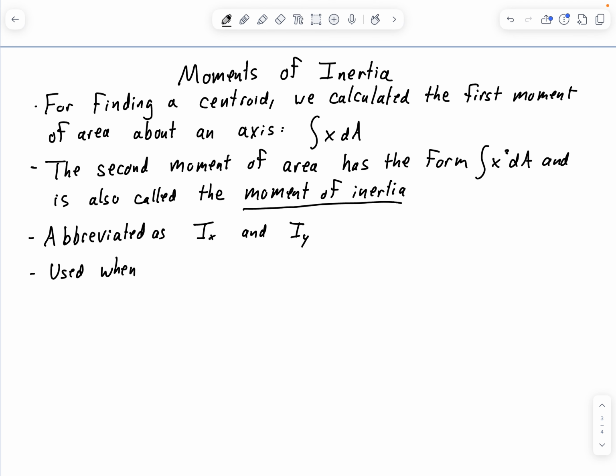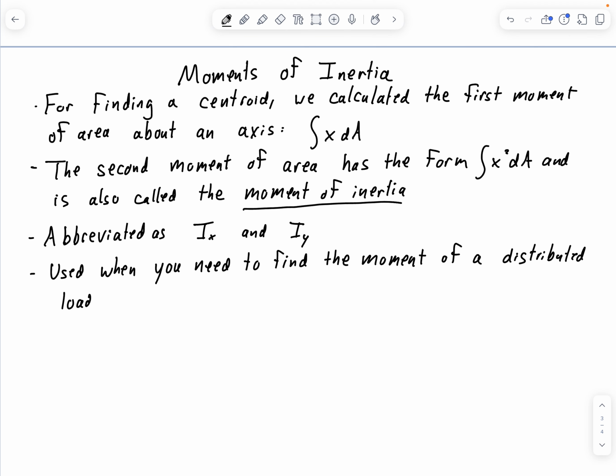These terms are used when you need to find a moment, but not just the moment of a linear load, but of a distributed load that varies linearly from the moment axis.